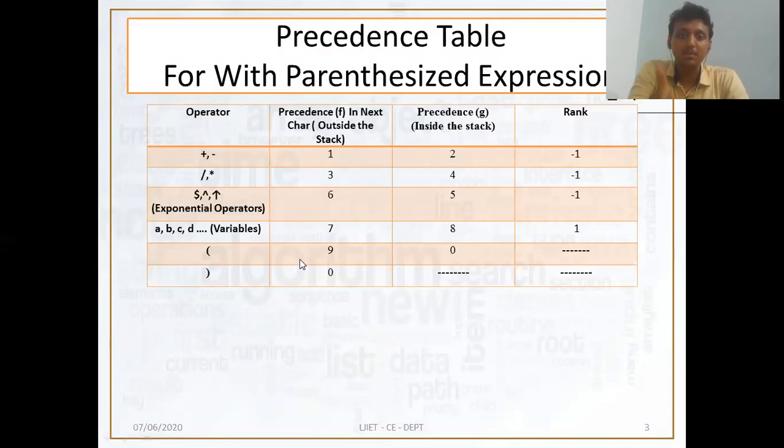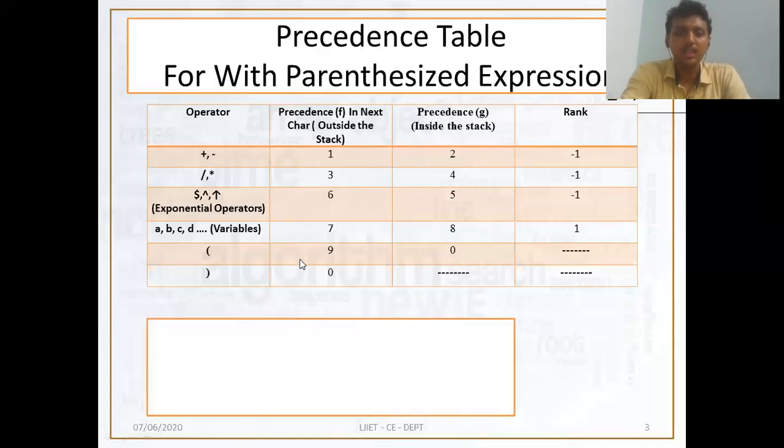You can remember this table like this: 1, 2, 3, 4, 5, 6, then 7, 8, 9, 0. Now there is no rank for opening brackets and closing brackets, same as the hash sign.